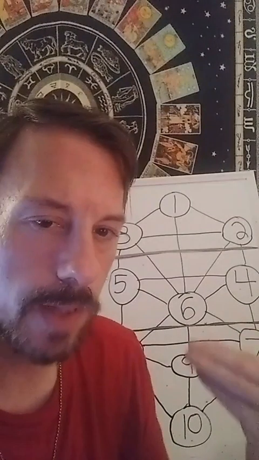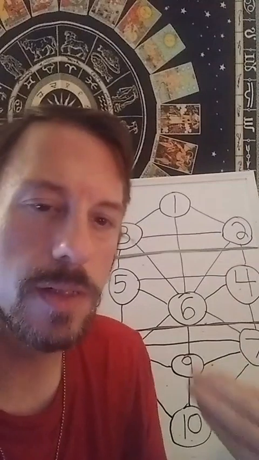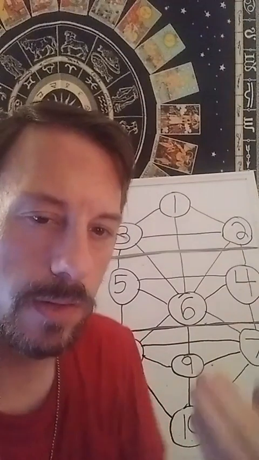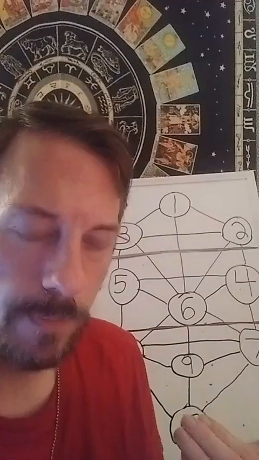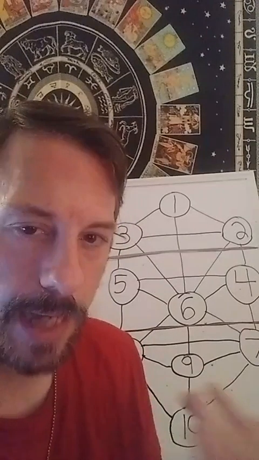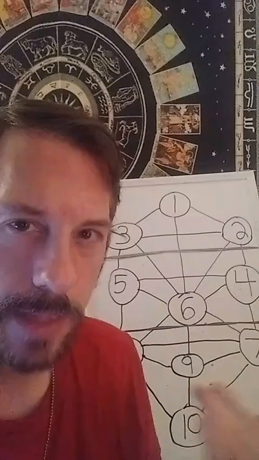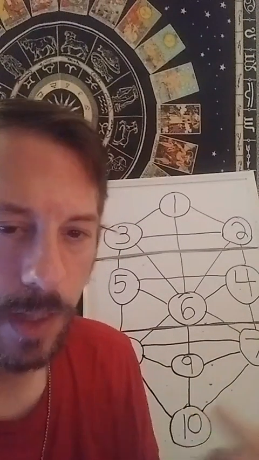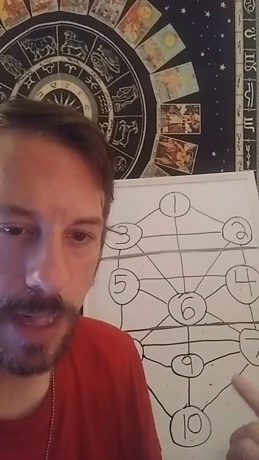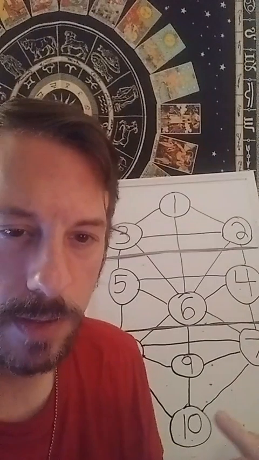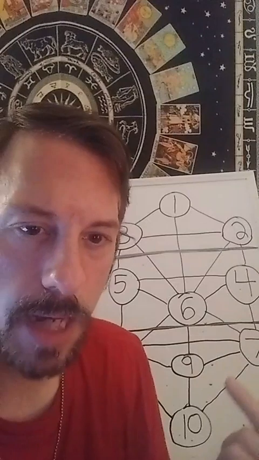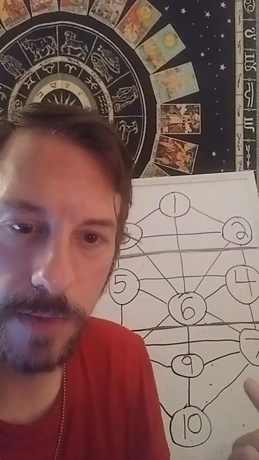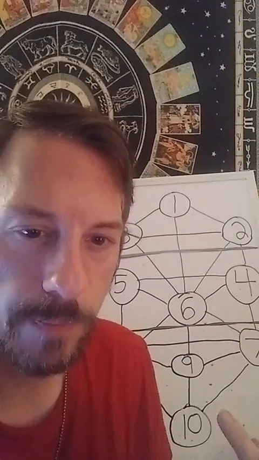As we move up, these are stages. Those of us that are in the material world, there are really three paths that are immediately connected to us. And these are represented by three tarot cards. These are the path of Thoth, which connects Malkuth and Netzach. The path of Thoth, and this is the Moon card.